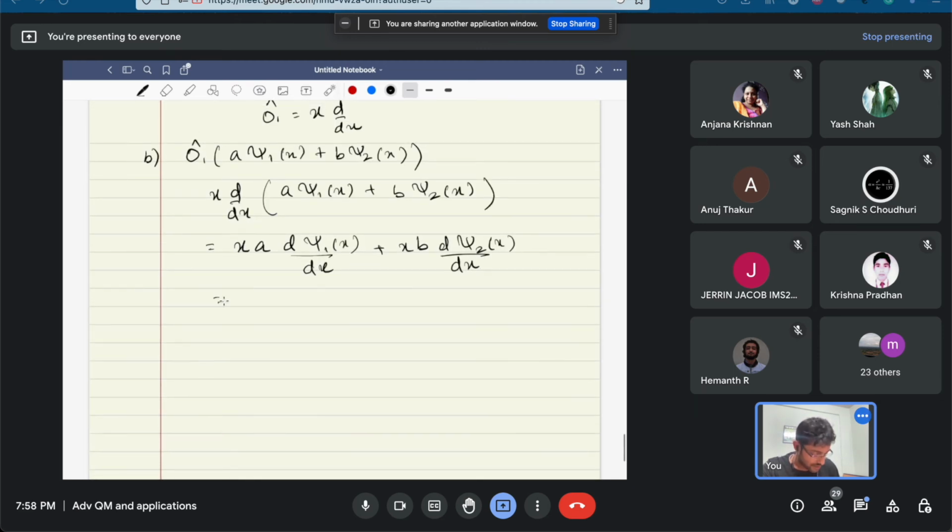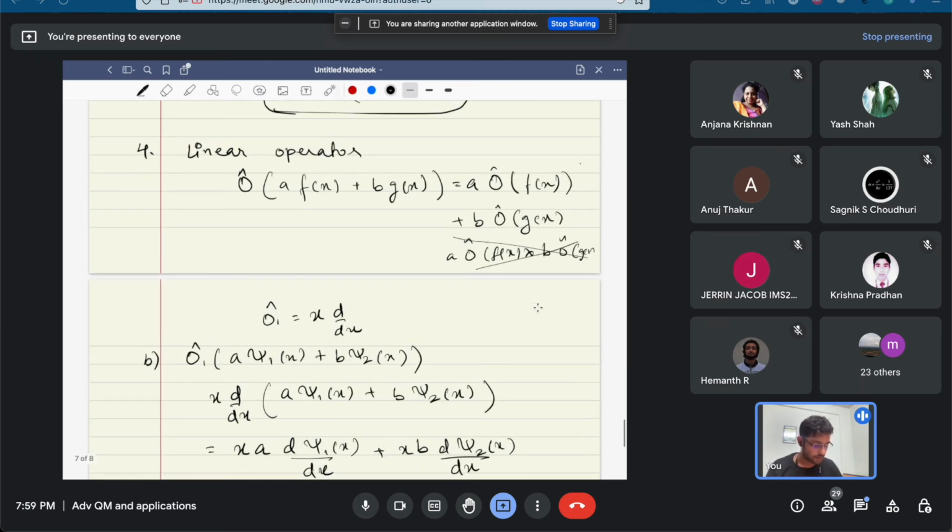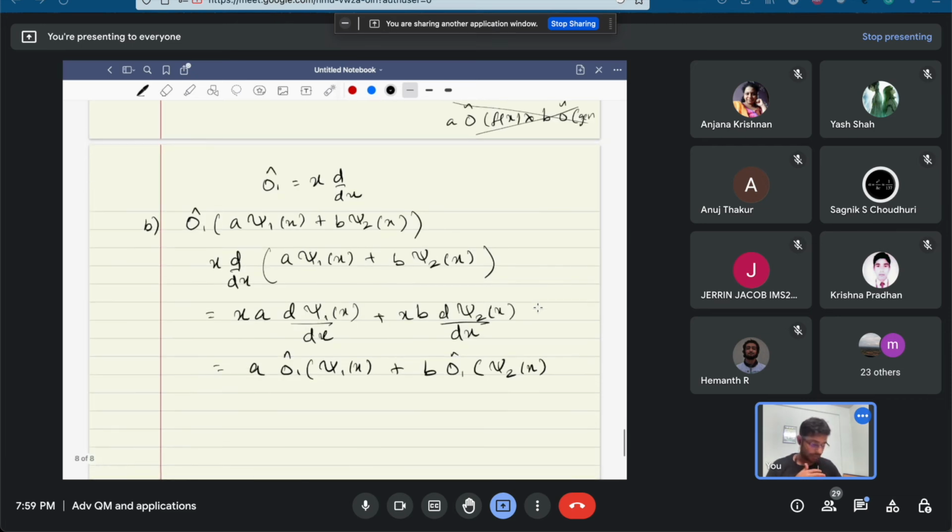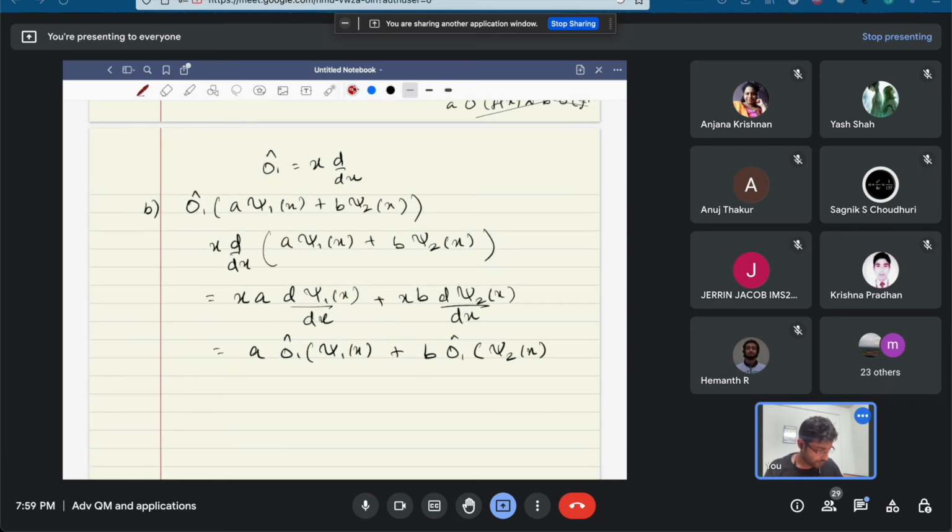And if x and a commute, because a is a constant here, we can put a before and x after, and write it in the form a O psi 1 of x plus b O psi 2 of x. So this is just like I've written here. This operator then corresponds to a linear operator.